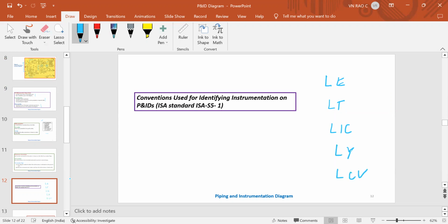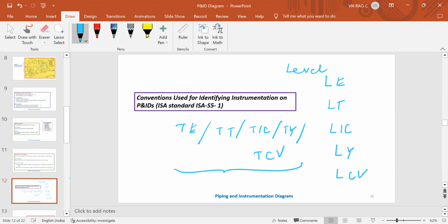So this L, the first letter, represents level. Now if I say temperature, I have TE, TT, TIC, TY, TC. See? So this first letter here says the variable is temperature.